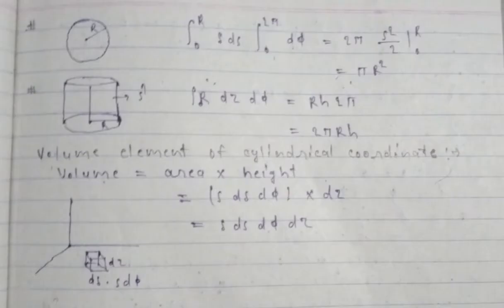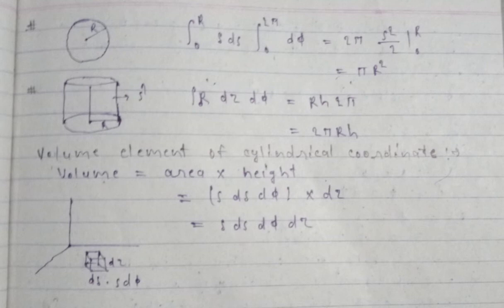You can confirm this quickly. If I were to look at the area of a unit circle in the xy plane, this is a unit circle, that means the radius is 1, or you can also take the radius to be r, then the area would be the integration of s ds d phi, s varying from 0 to r, d phi varying from 0 to 2 pi, and you get 2 pi times s square by 2, 0 to r, which gives you pi r square.